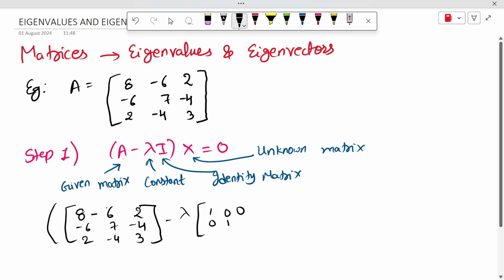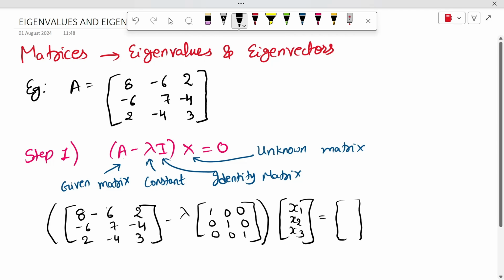For 3 cross 3, the identity is this, and this whole is multiplied by x. X is x1 x2 x3, that is equal to 0. Here 0 is a null matrix. It's not just 0; for different dimensions it has different values. So step 1 is to get (A minus lambda I) into x is equal to 0.